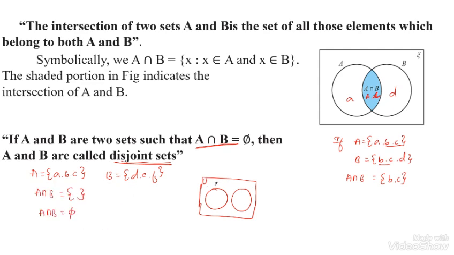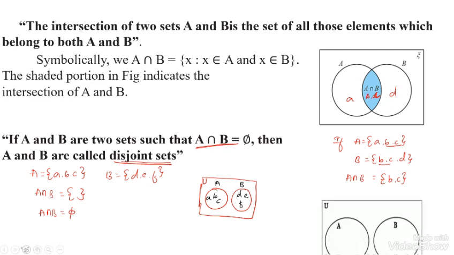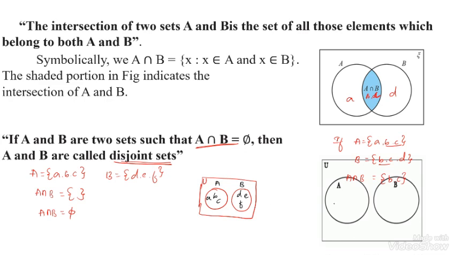A contains the elements A, B, C, and B contains the elements D, E, F. There are no common elements, therefore it is a disjoint set. Okay, let us move on to the next concept. Here is the representation of the disjoint sets.